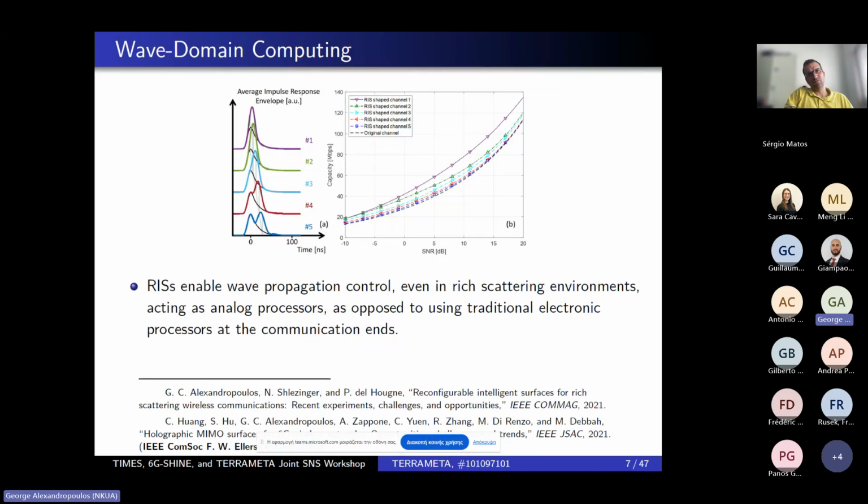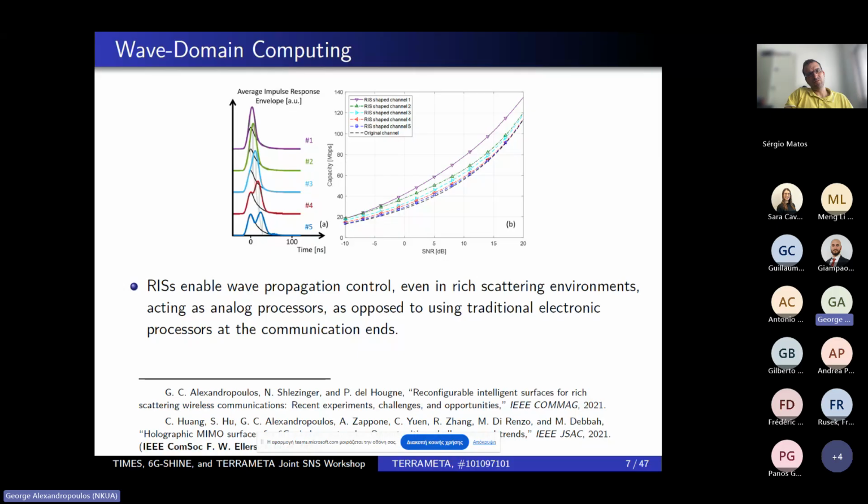The very interesting thing with metasurfaces, and this was very relevant to the last part of my presentation today, is that you can also think of other ways of using their capability, and there has been a lot of activity from the research community lately of trying to think of metasurfaces as efficient means of realizing computations over the air. In one of the first papers elaborating on that, the goal was to shape the channel impulse response in a scenario with inter-symbol interference.